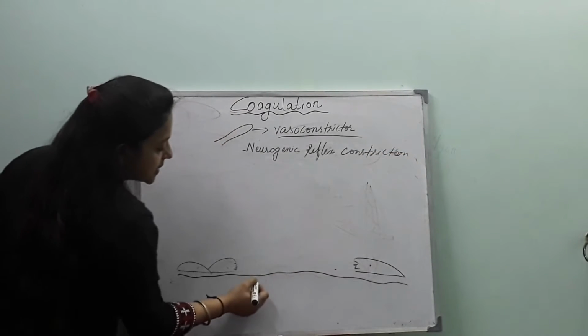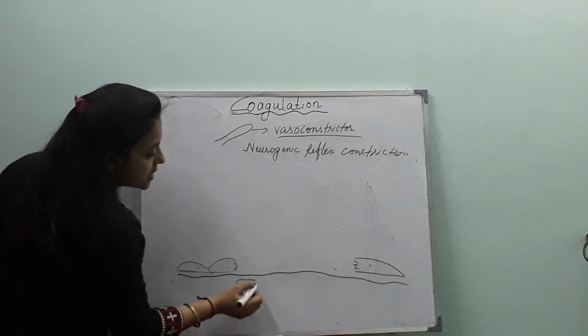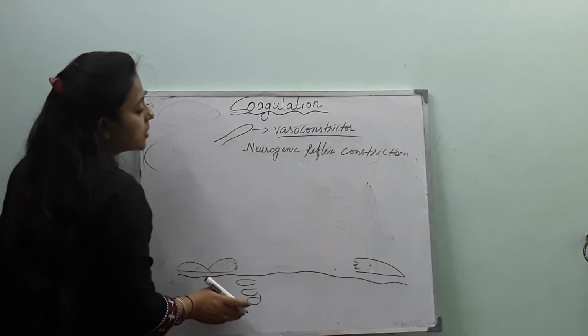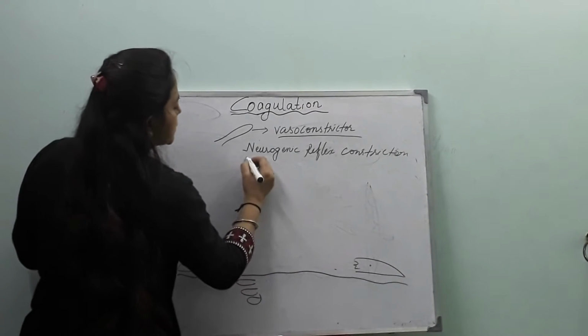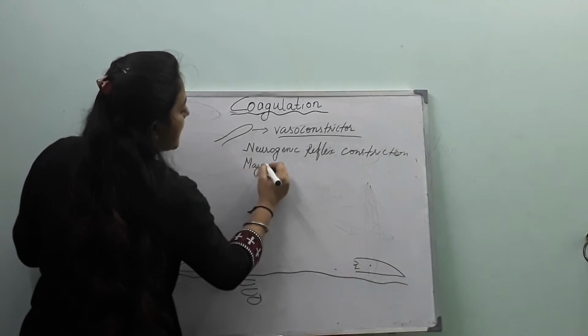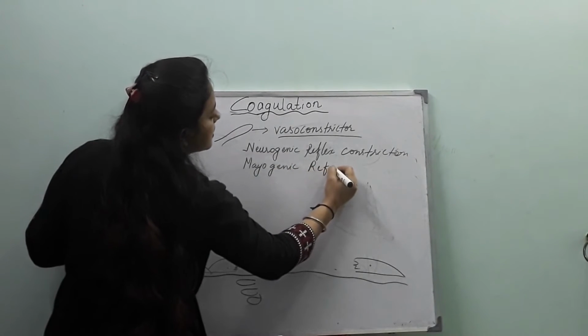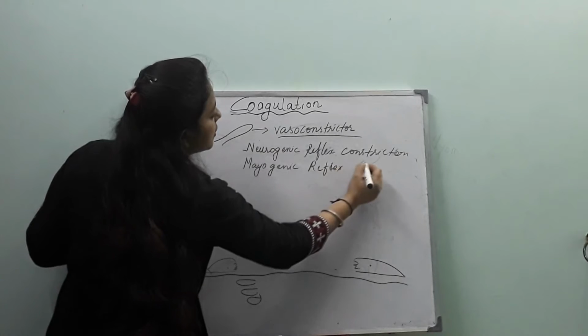Okay, now we have some soft tissue around the damaged part, and this soft tissue is also damaged, and the constriction inside the soft tissue is called myogenic reflex constriction.